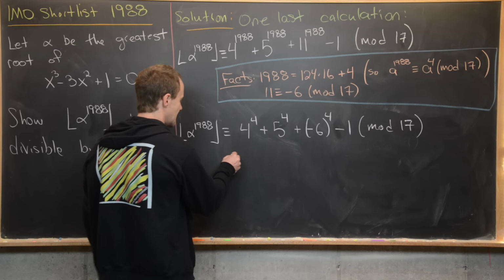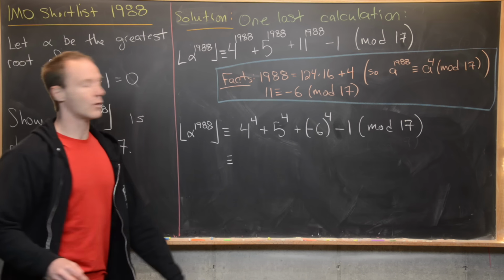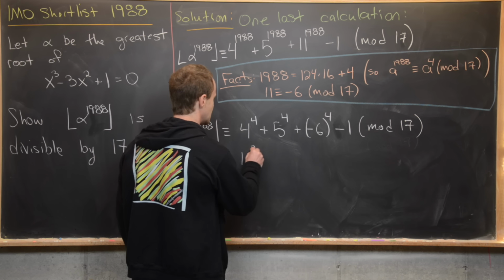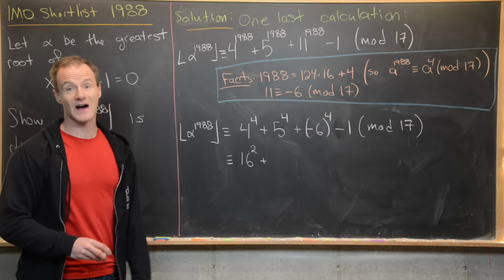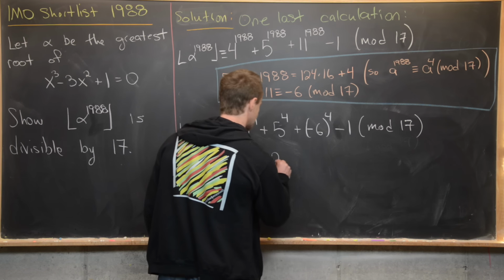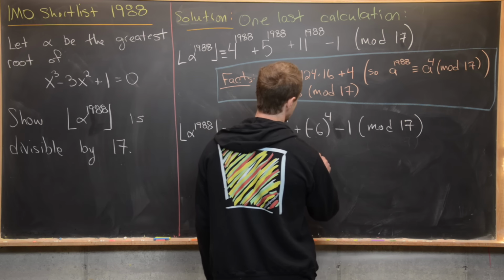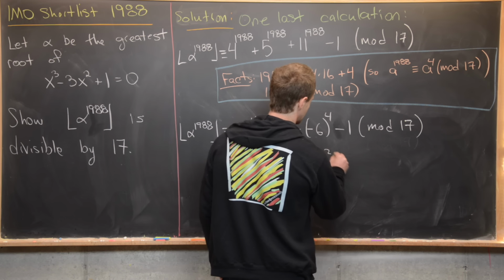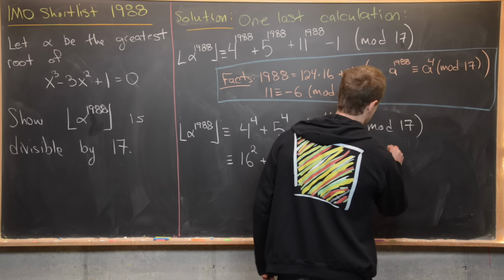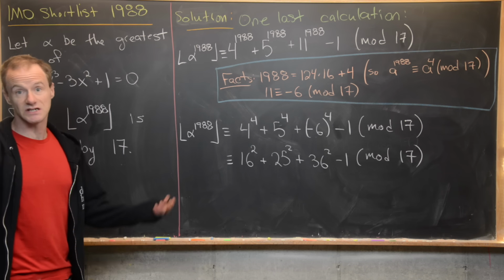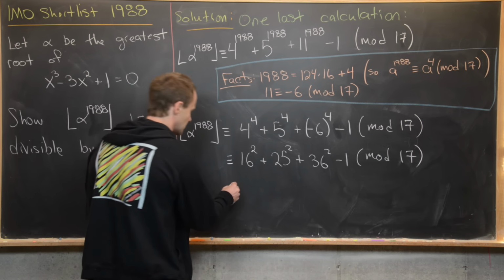Okay, now next we can take this 4 to the 4, and maybe we can notice that that is going to be 16 squared, but the next 5 to the 4, so we can write that as 25 squared, and then -6 to the 4, so that's going to be 36 squared minus 1 mod 17. But we might as well reduce all of these mod 17 just for simplicity. So let's check it out.